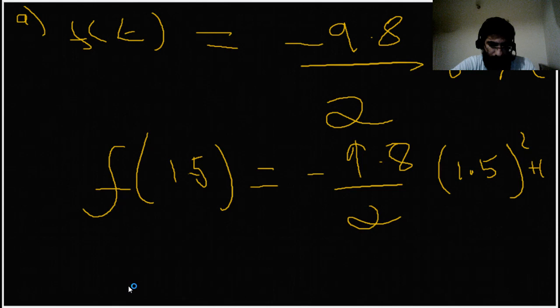I know that. And then it's actually minus 35. That's actually plus 35. So height is 35, C is 35.